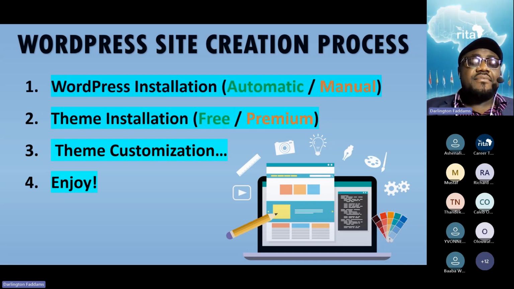But to turn the theme into what you want, you need to study how that theme works. And it's not difficult. The only thing is that every theme is different. All right? Every theme is different.